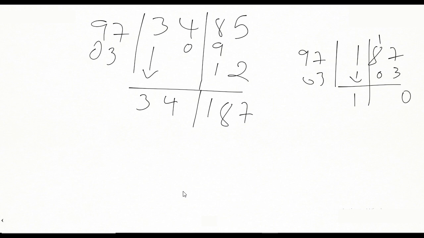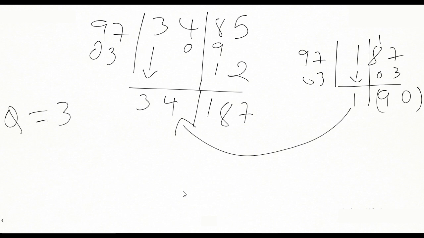Carry 1. 8 plus 1 is 9. So 90 is the absolute remainder, and this particular 1 goes and gets added to the main quotient. So the final answer is 35. The remainder is 90.